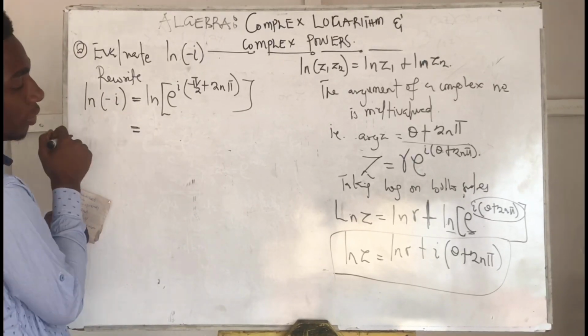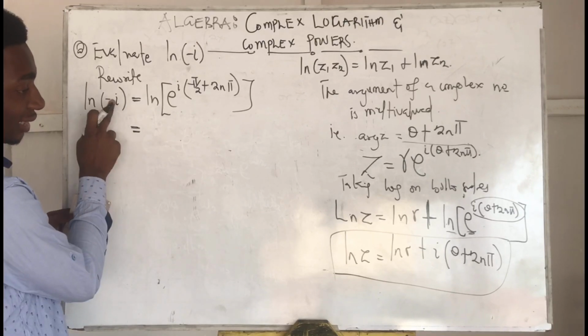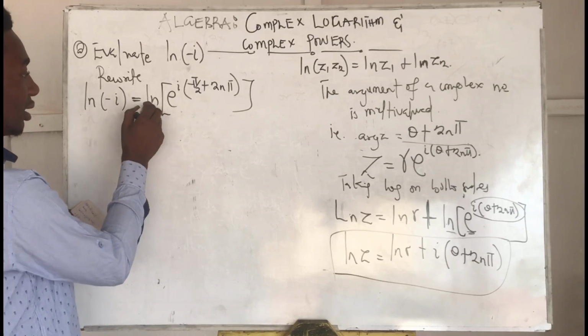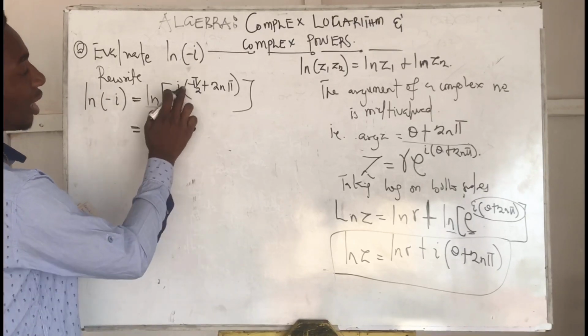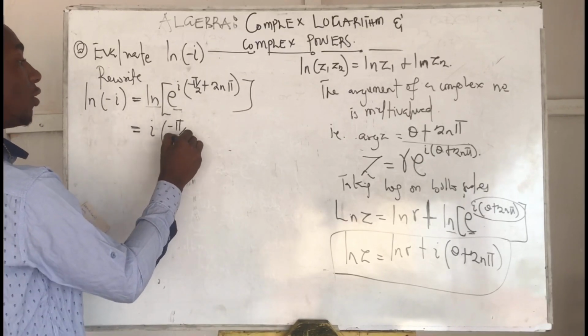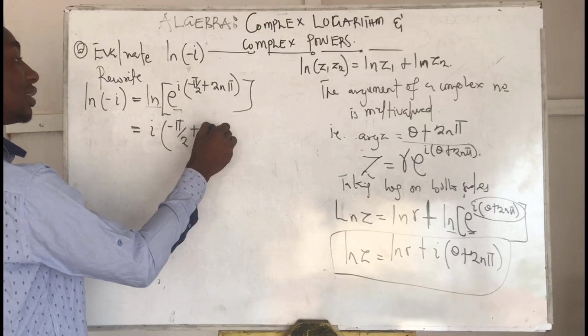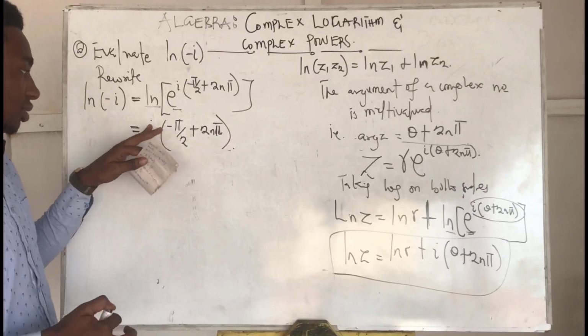So when we do this, this and this will now be equal because of the log, and then we can only write the exponents, which will give us negative i pi on 2 plus 2n i pi.